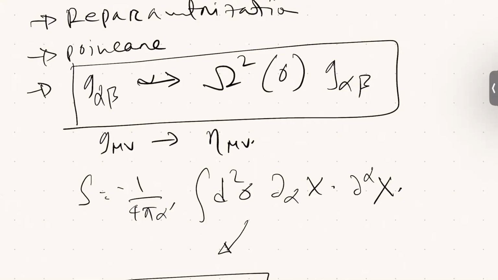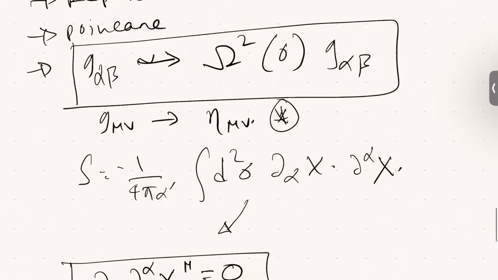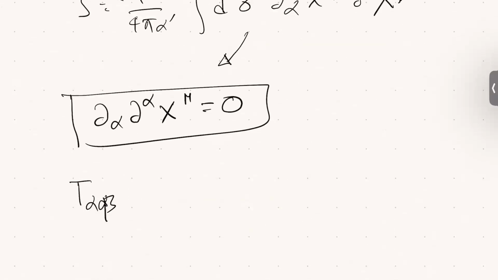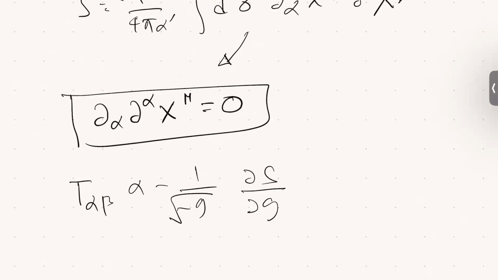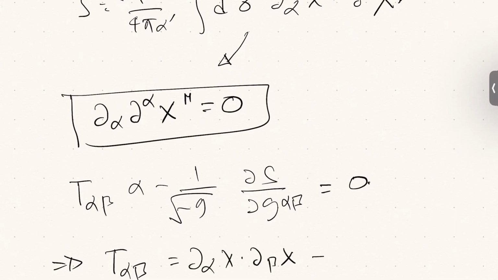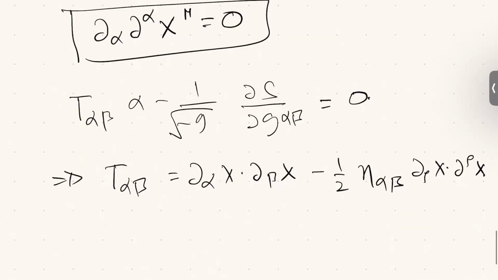But because we already choose this thing here, T mu nu equals theta mu nu, we have some constraint, and that constraint will be like this guy is 0.